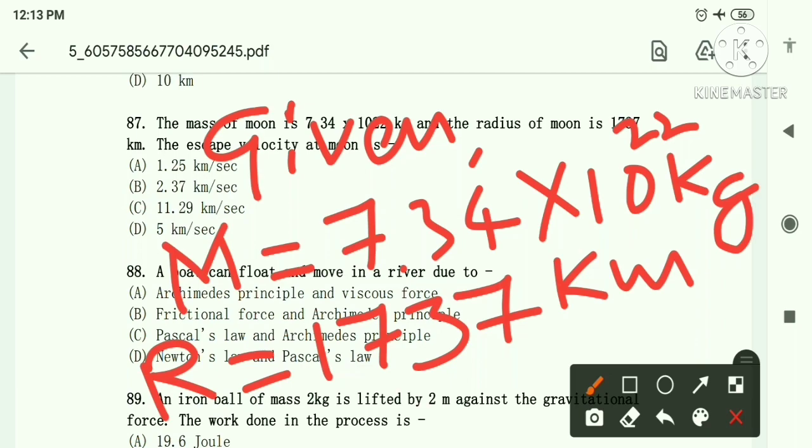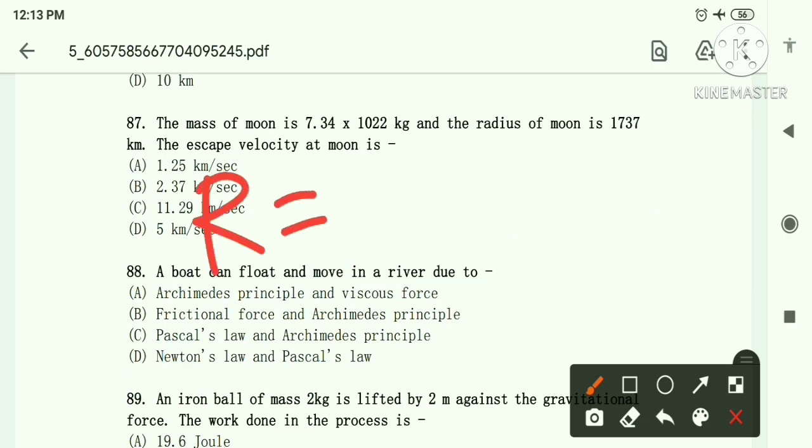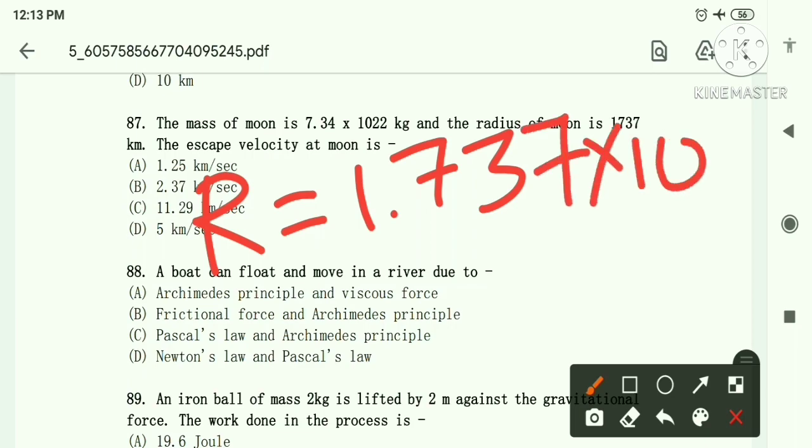Okay. Now we have to convert it into meters, so r is equal to 1.737 into 10 raised to 3 meter.